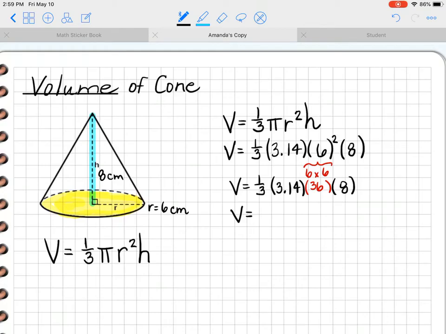You can even just type in the fraction using your fraction key, and you will come up with 301.44. Let me do that one more time, because my calculator does not have a fraction key. I left that one at my desk. Yes. And this is cubic centimeters.